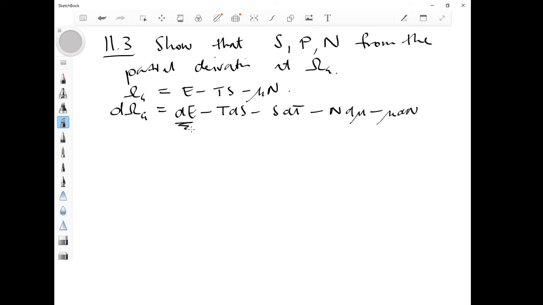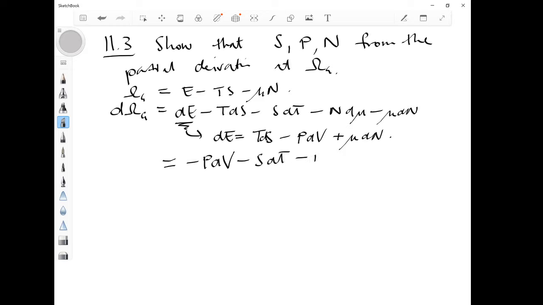And so we know that this term here is just T ds minus PdV plus mu dn. And so if we then substitute this in and subtract off all the terms that cancel, what we end up with is minus PdV minus SdT minus n d mu.